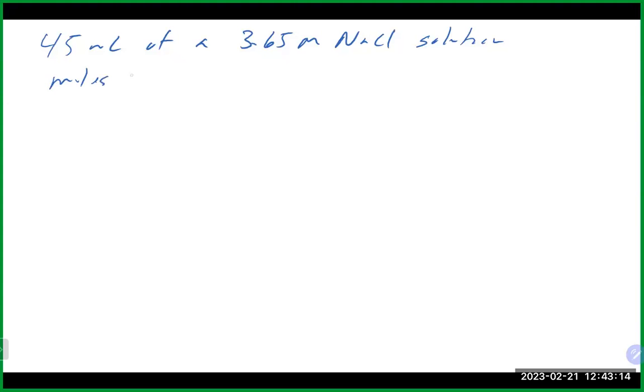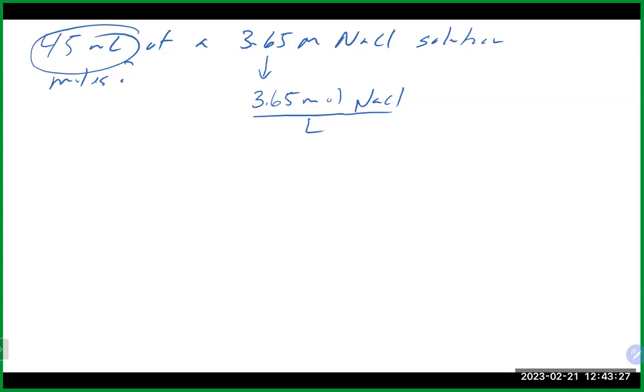So if I had 45 milliliters of a solution and I wanted to know how many moles that was, we would have to do a couple of things. Again, we would turn this into a useful conversion factor, moles per liter of sodium chloride. Now my 45 milliliters, I do need to convert into liters for everything to work out correctly. There are 1,000 milliliters in a liter, which is definitely a conversion we use a lot.